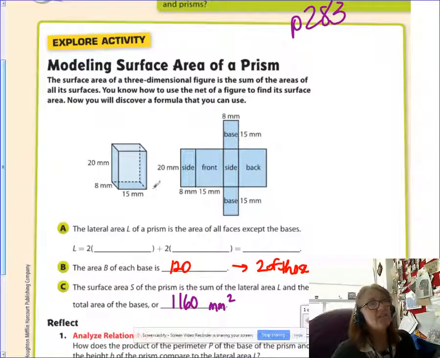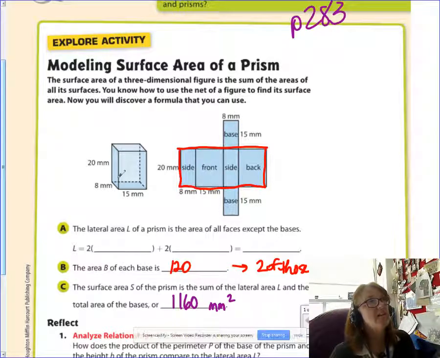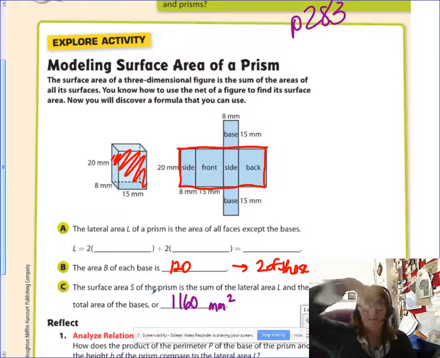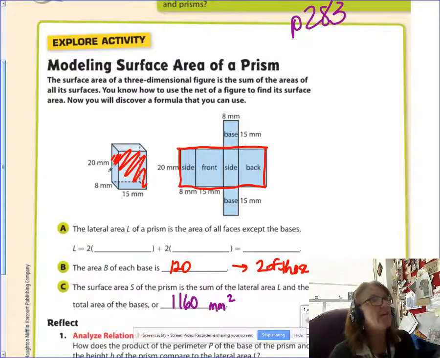The lateral area is all the sides, which really, if I unfold this, is this whole big rectangle. It's all of this that goes around the sides. I have an 8, a 15, an 8, and a 15. See that?